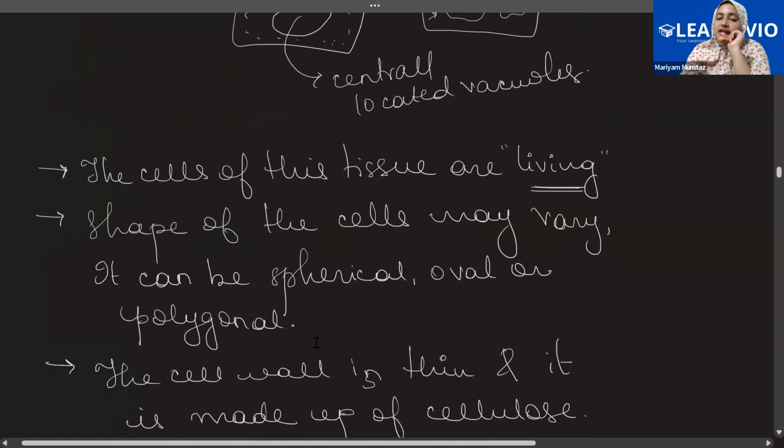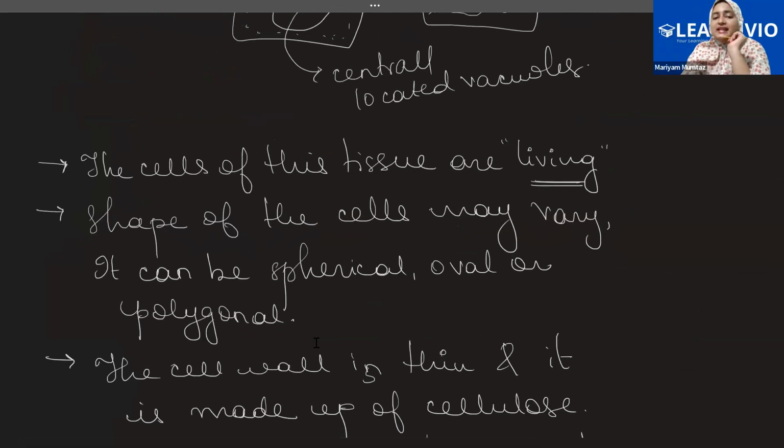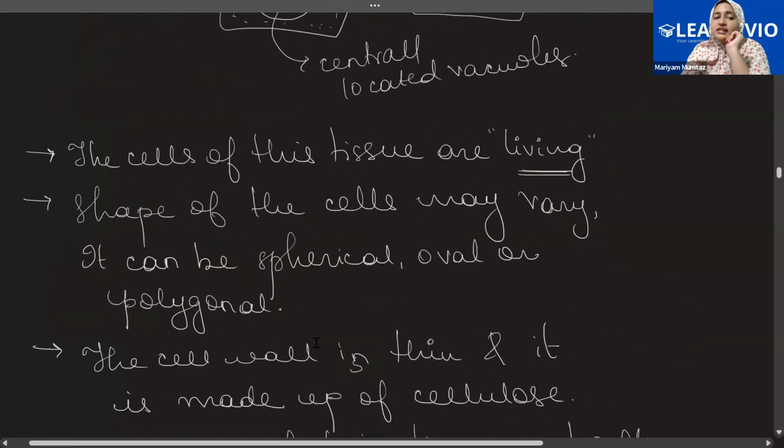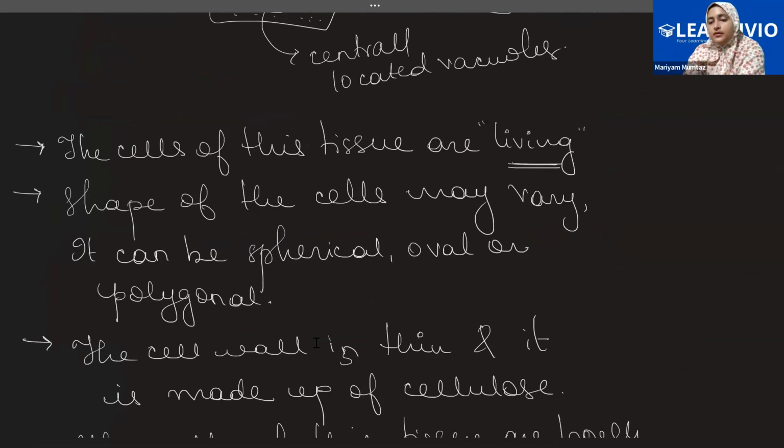Now, all of the cells of this particular tissue, every single cell, will be living. If I say that any cell is living, what does it mean, students? It is alive and it divides itself.